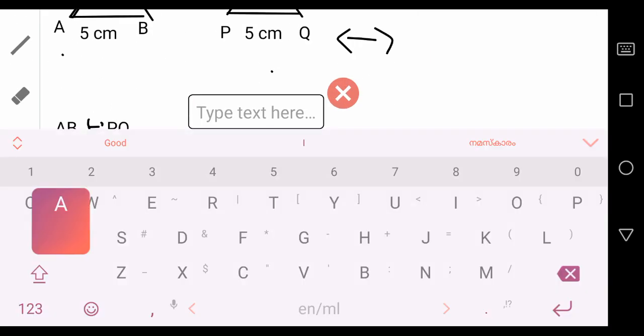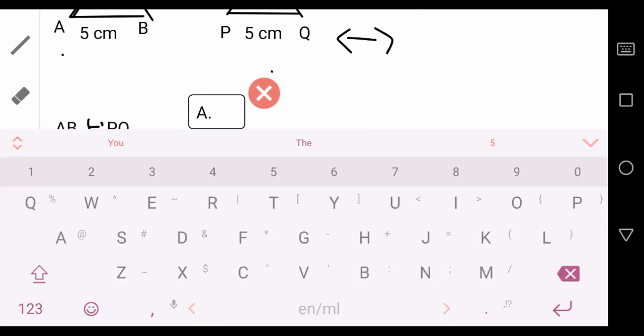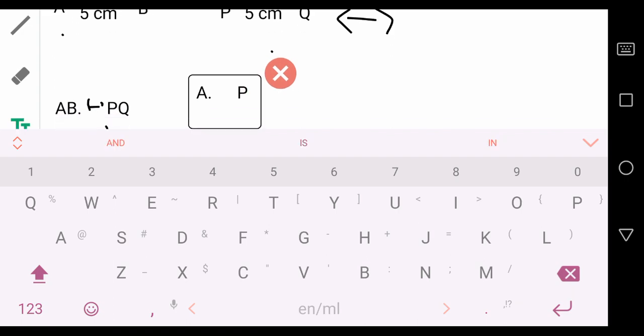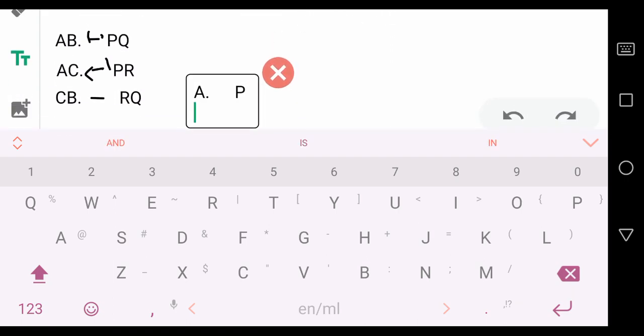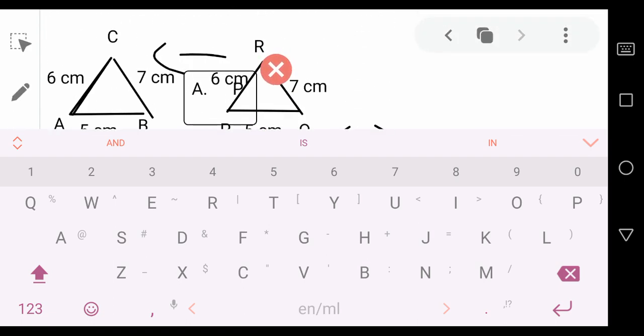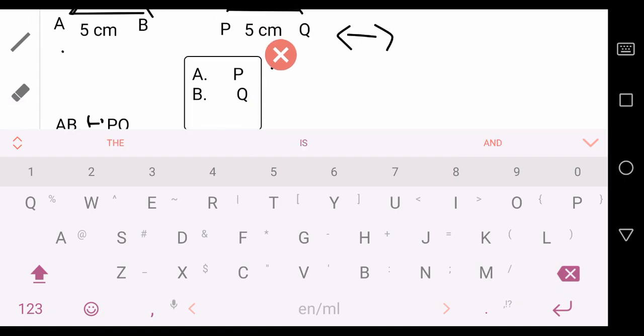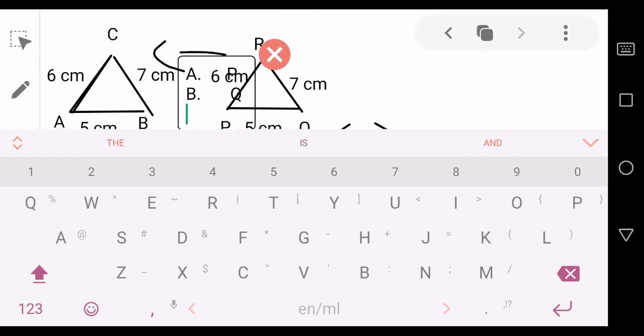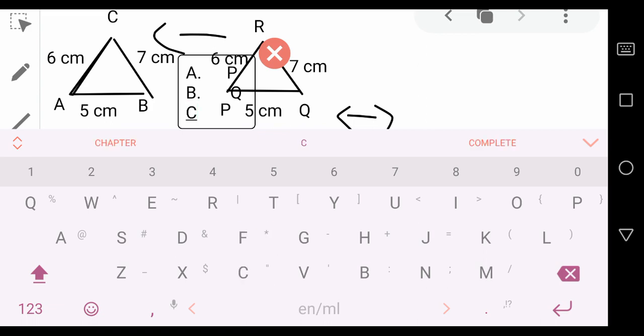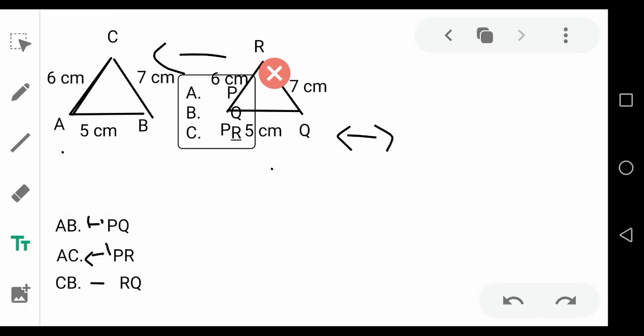A and P. Then B and Q. Then C and R. So this is how they overlap.